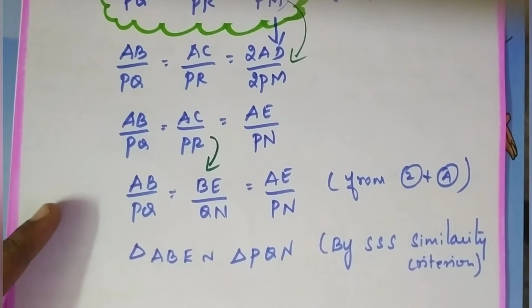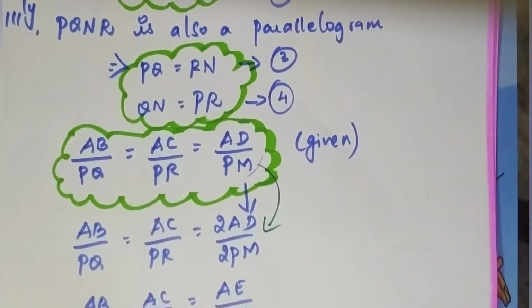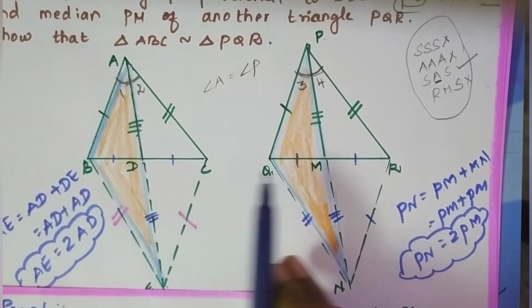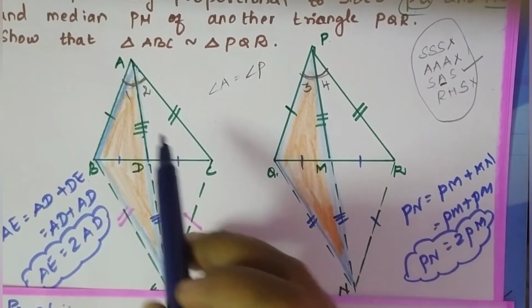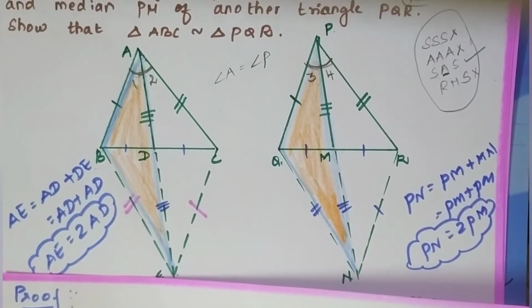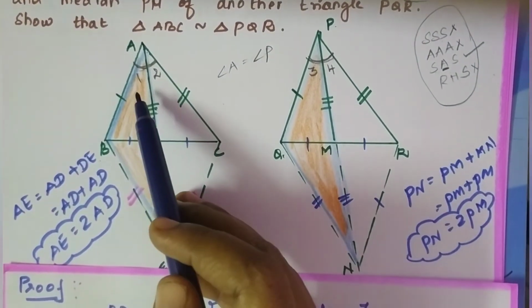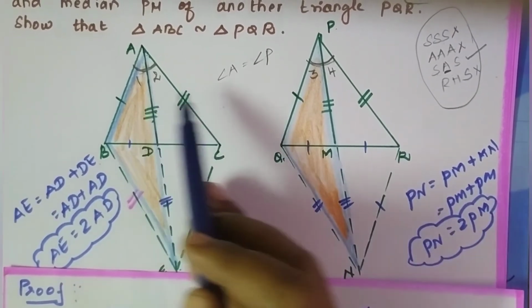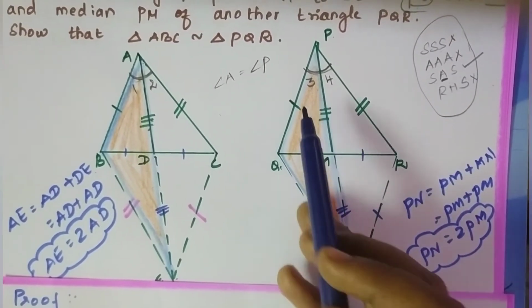The two triangles are similar. Since the two triangles are similar, I can tell that angle 1 is equal to angle 3. Half a portion. Now I proved that half a portion of the angles are equal. Clear, Kana?